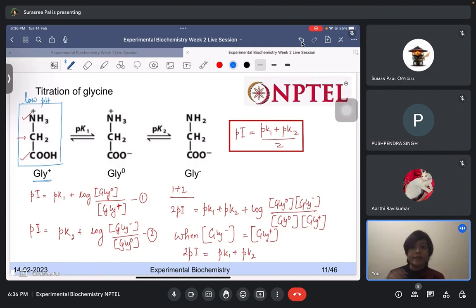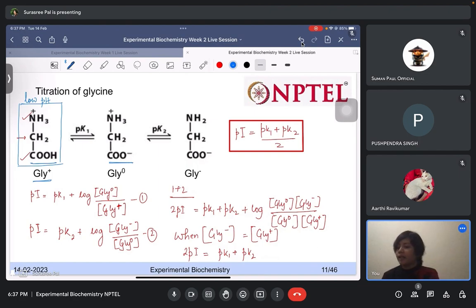Now as we increase the pH, the carboxyl group will lose its proton first. Remember that alpha carboxylic groups lose their proton first because they have a low pKa value.